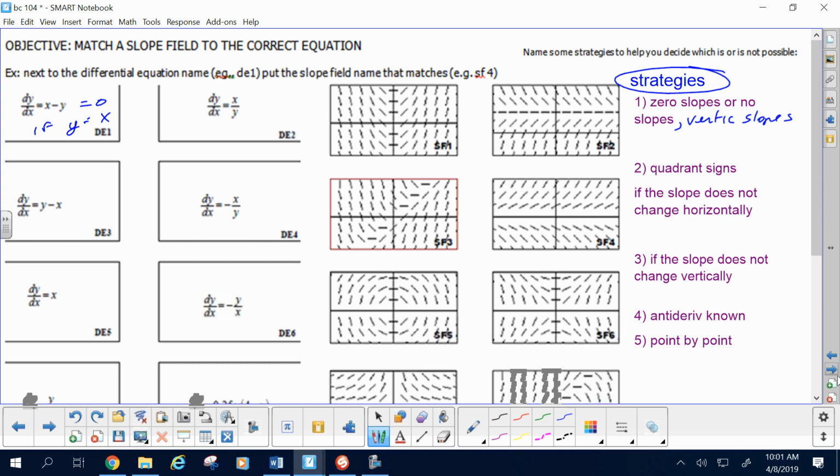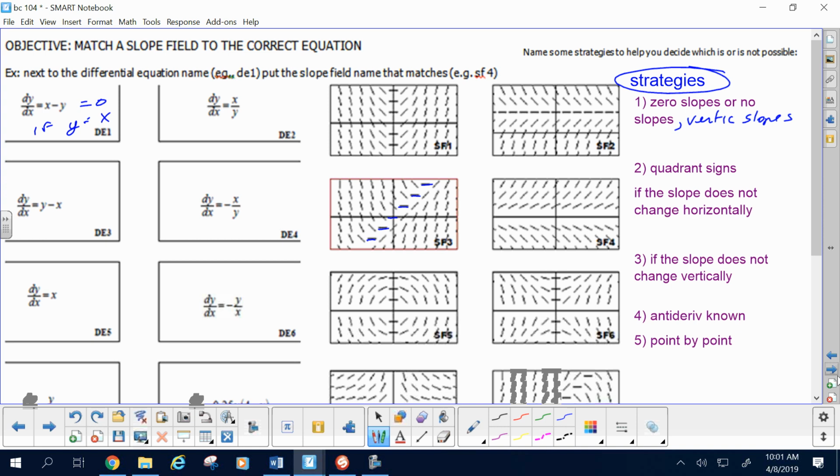Anywhere x and y are the same, that would 0 out. So look where along the line y equals x you see slopes equaling 0. Well, here's one. Do you see along y equals x, 0, 0, 1, 1, 2, 2? All those slopes are 0. So that's a possibility. Okay?